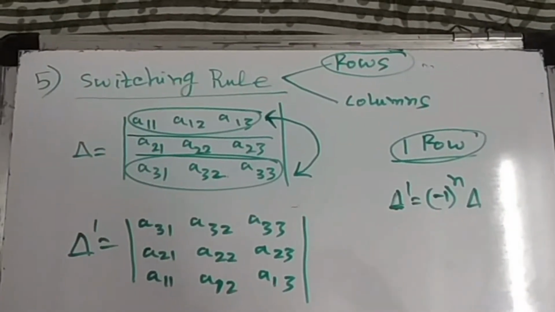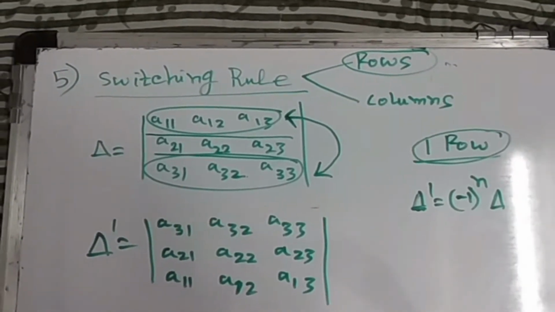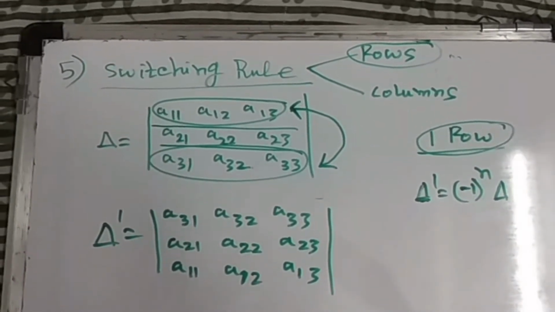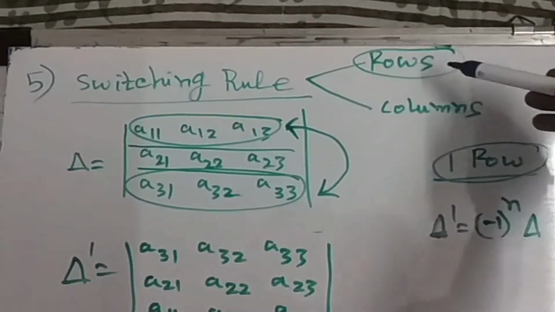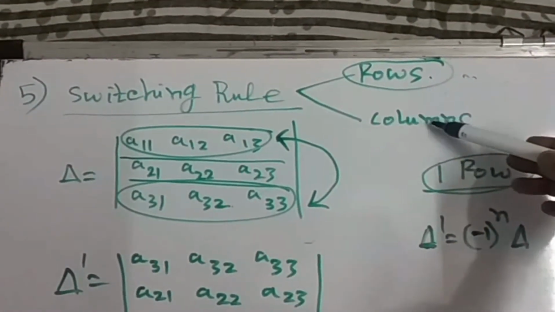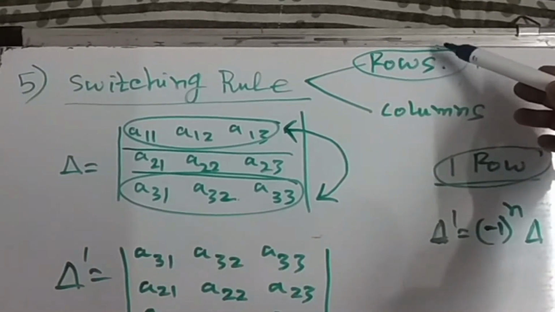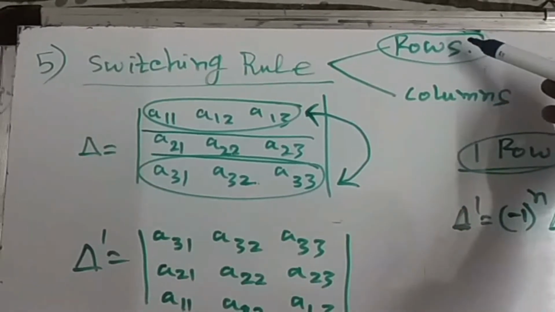Hello everyone. I was discussing properties of determinants. Now this is the fifth property, that is called switching rule. What is switching rule? We can switch between rows or we can switch between columns. Switch means we can interchange any two rows or any two columns. Actually we will not call it interchange. It is like that.